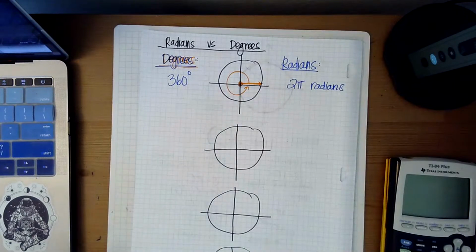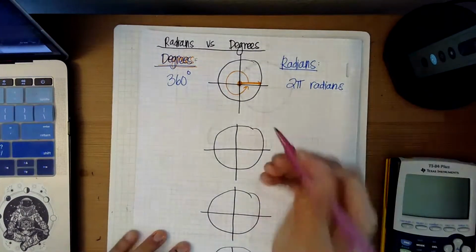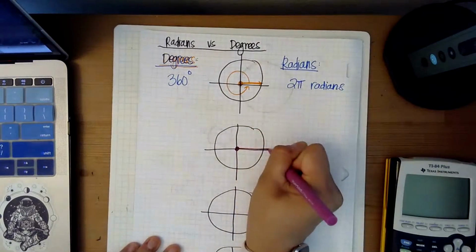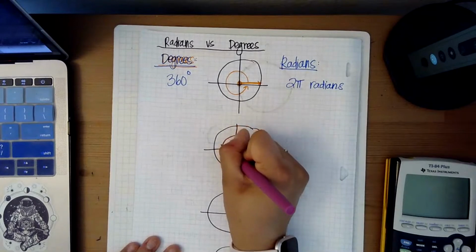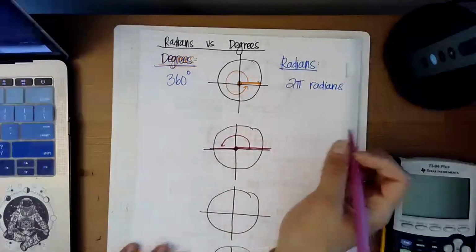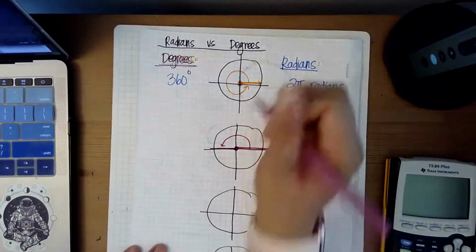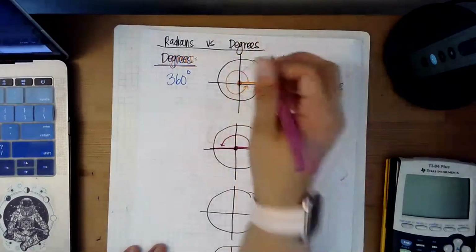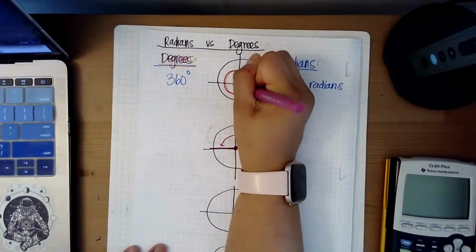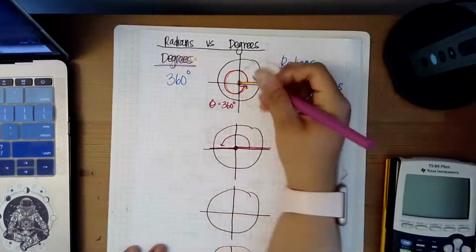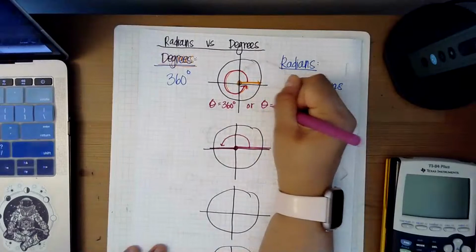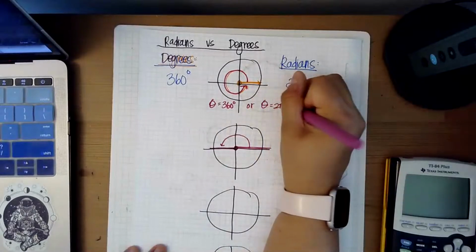Cool. What happens if I'm just looking now, okay, well, there's my initial ray. What happens when I'm just looking here to here? So here, the entire revolution gave me theta equals 360 or theta equals 2 pi rad.